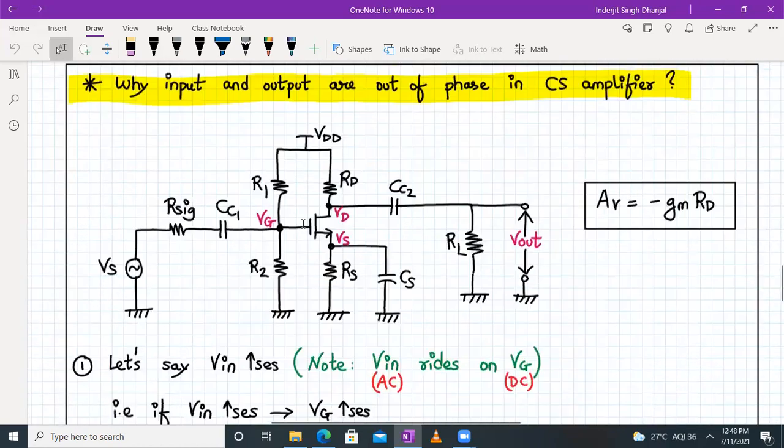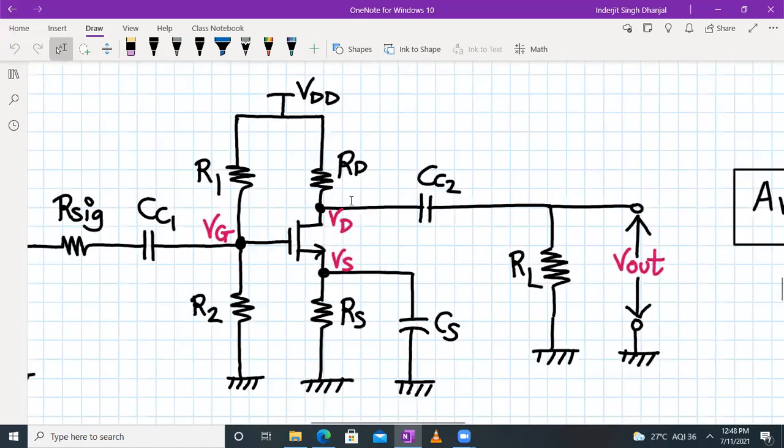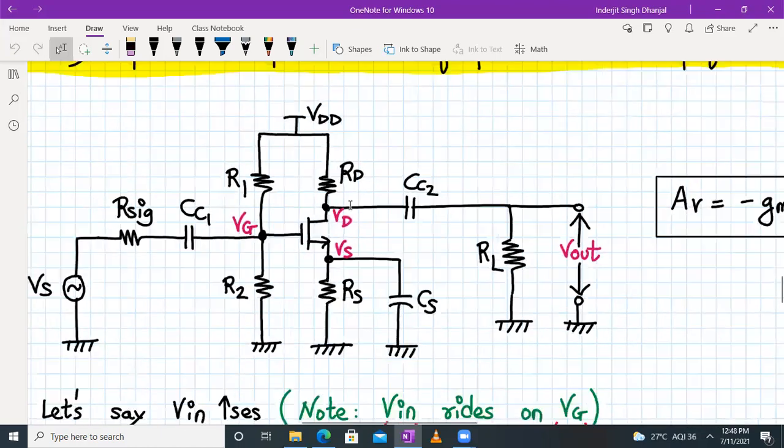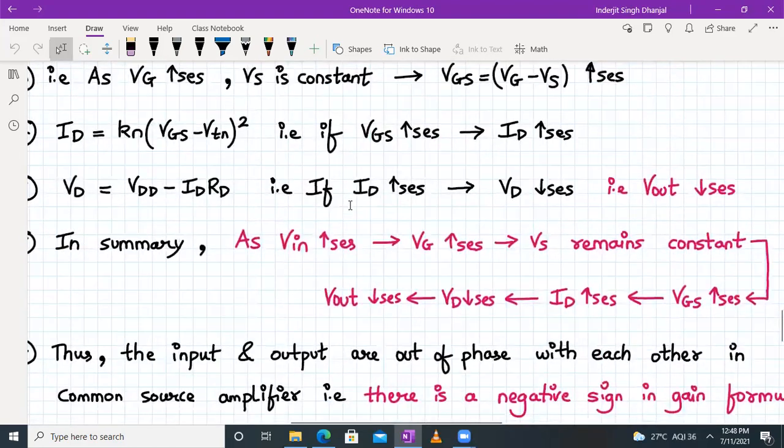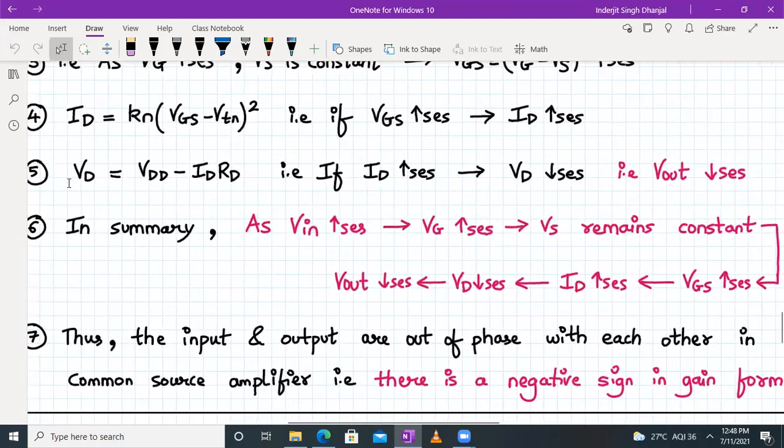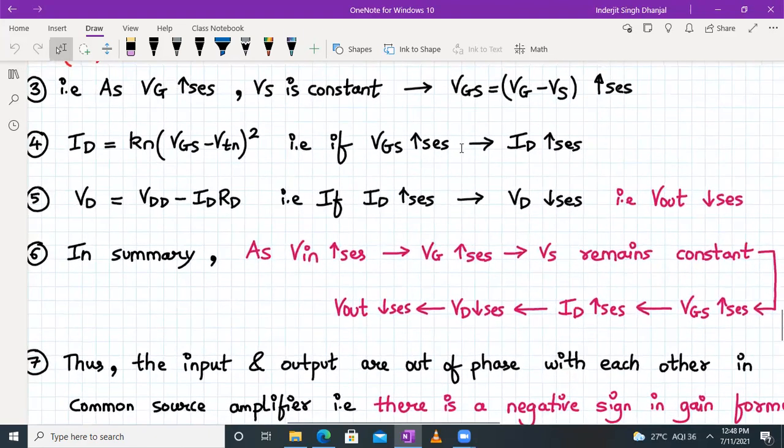Now, from this diagram, what is the formula for VD? I mean, what is the voltage at the drain terminal? It is VDD minus ID RD. So VD is VDD minus ID RD. Now we have seen that if ID increases, VD reduces.